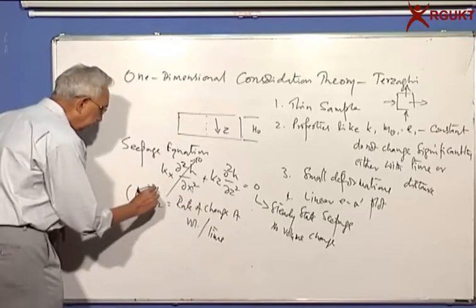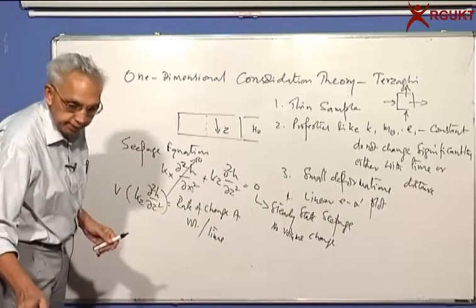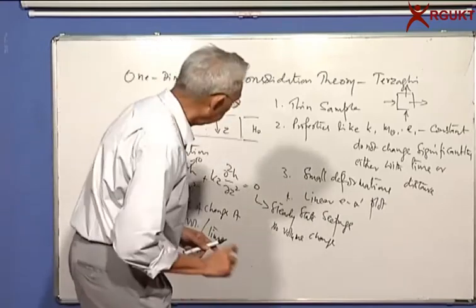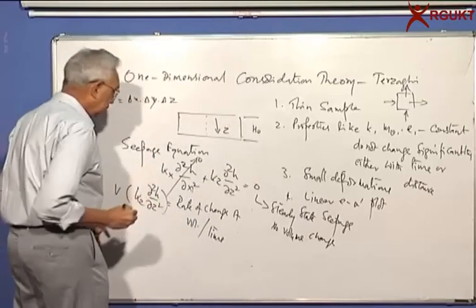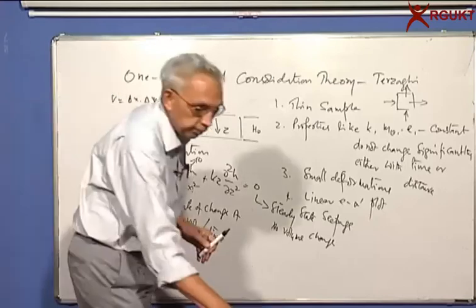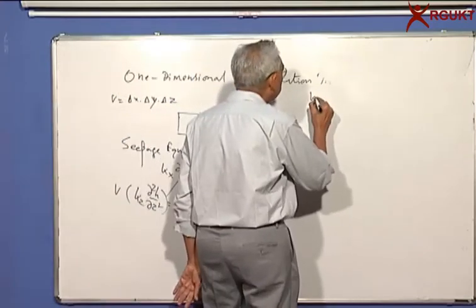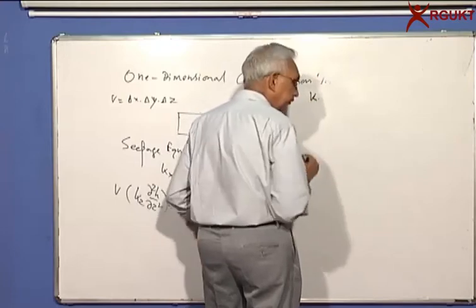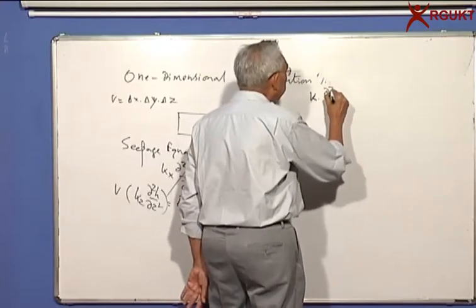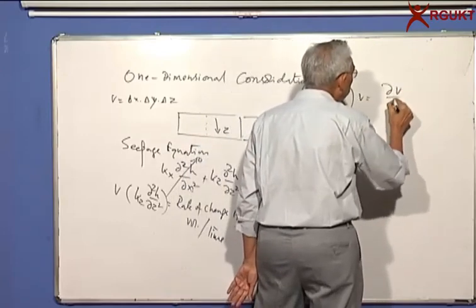Again, here I would like you to remember that we had initially delta x, delta y, delta z, where V is the volume of the element. So here I'll write this equation as k, and it's understood when we talk of this, it's the vertical permeability, into V is equal to delta V by delta t.